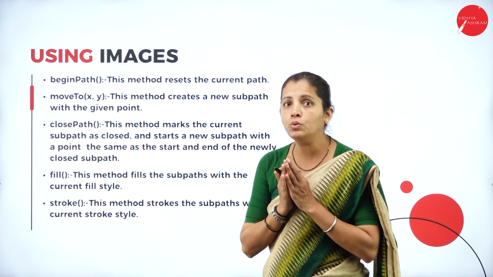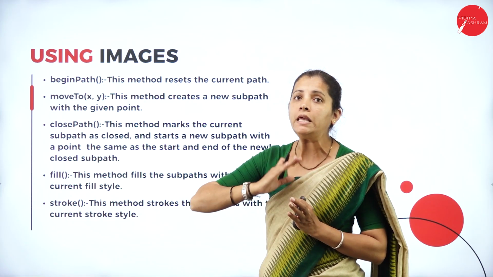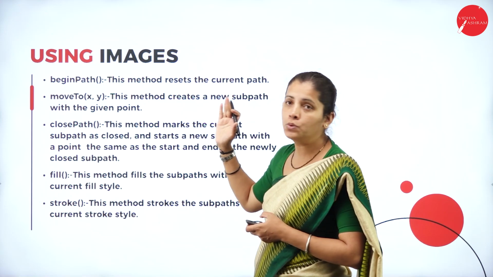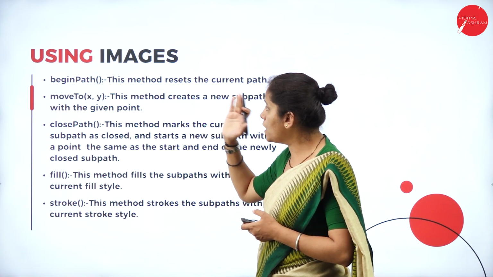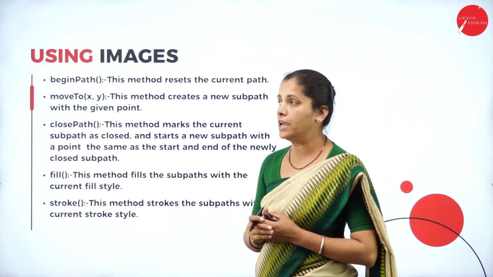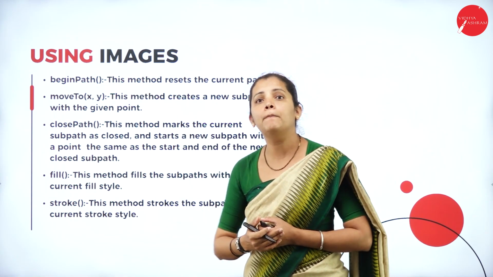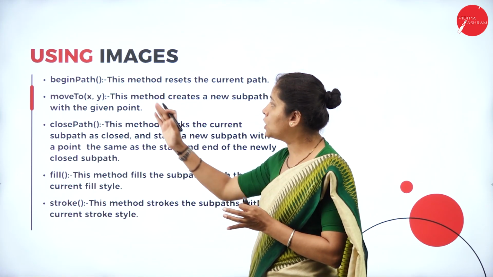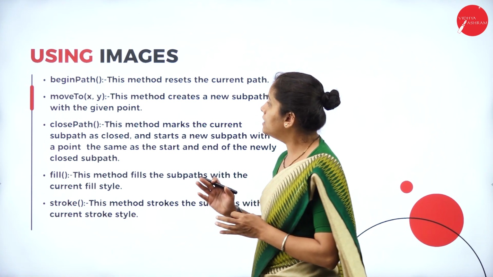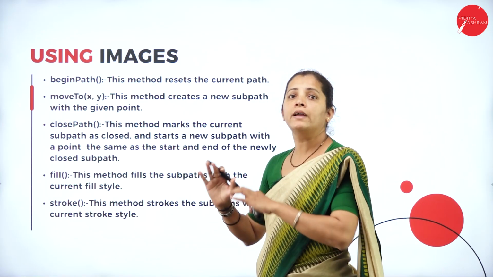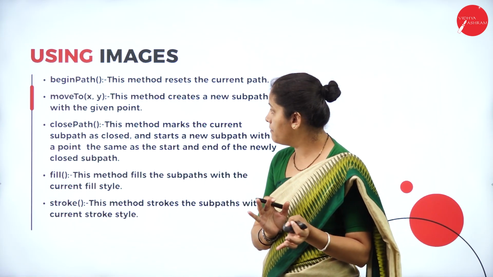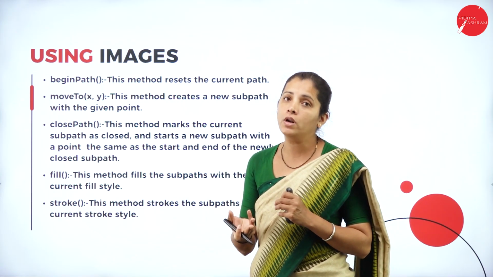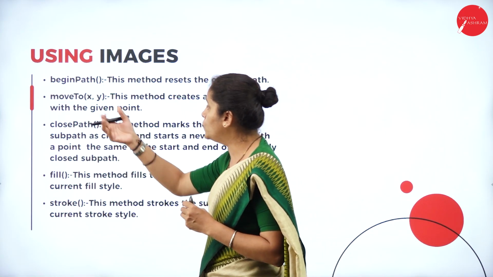Suppose I want to include or draw any graphics in my HTML, then I'll use the canvas tag. Along with that, I'm going to use images. So if I consider beginPath, to begin the path, I have the method called beginPath. Now moveTo. Suppose I don't want to consider the previous path and I want to create my own new path, then I'll go with moveTo.